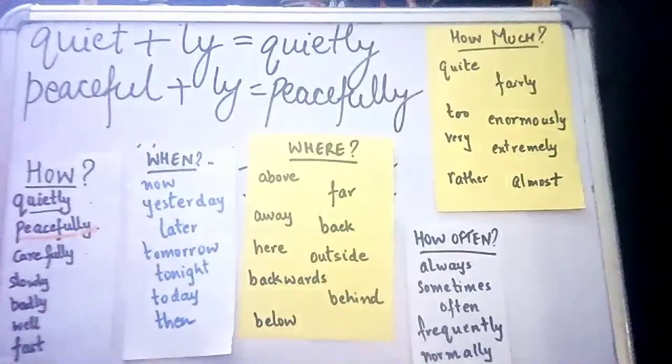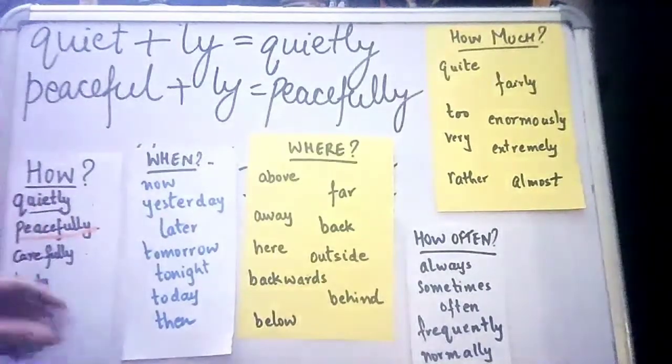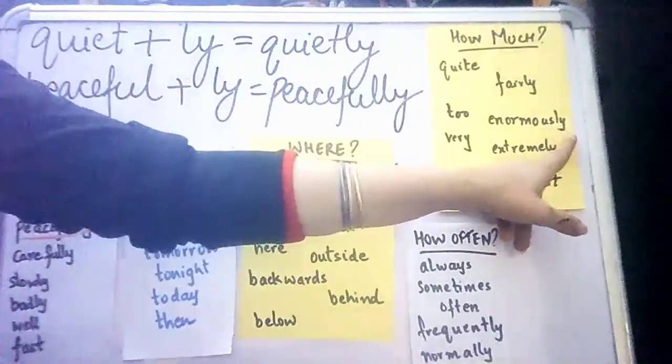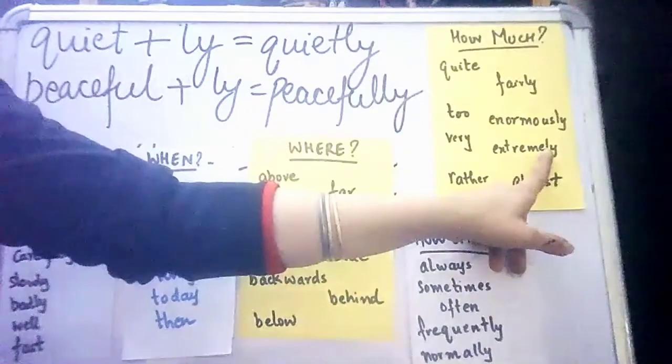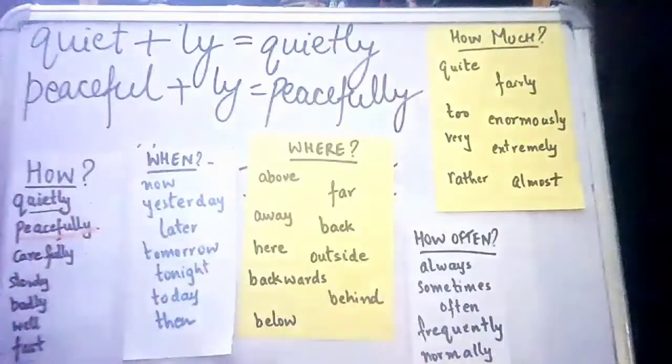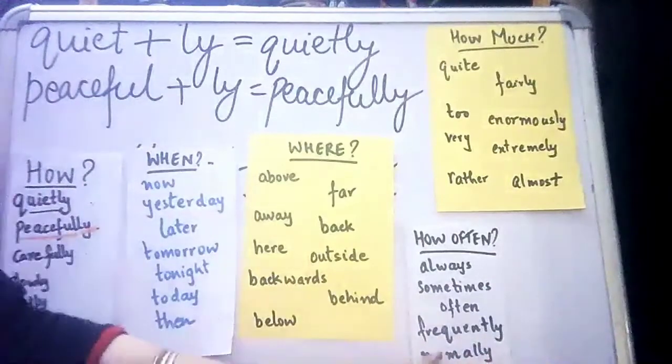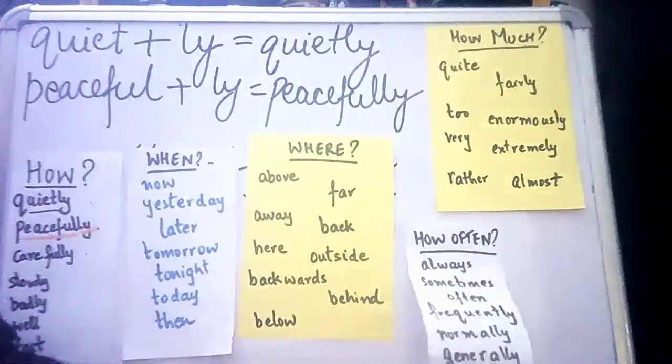Now well and fast, they are adverbs which are irregular adverbs basically. Now let's look at the other ones, like enormous plus ly enormously, extreme plus ly extremely, then fair plus ly fairly, frequent plus ly frequently, normal plus ly normally.